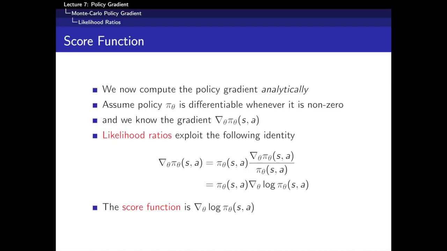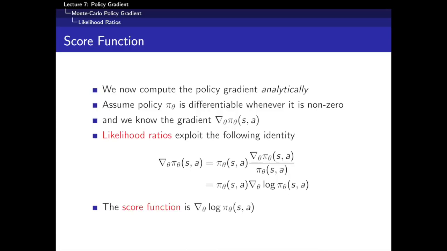It basically comes up from this likelihood ratio trick, where we want to take the gradient of our policy, we want to understand the policy gradient, and we're going to want to take expectations of that thing. The way we do that is we note that we can multiply and divide by our policy without changing it, and that this term over here on the right, the gradient of the policy divided by the policy, is equal to the gradient of the log of the policy.